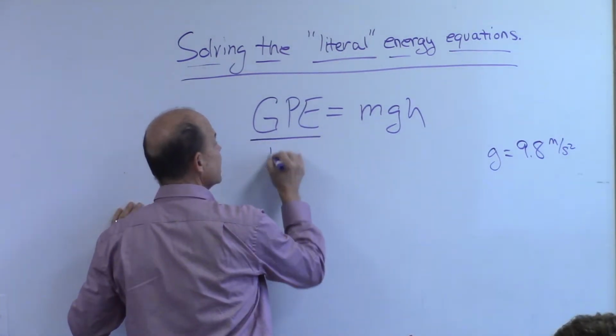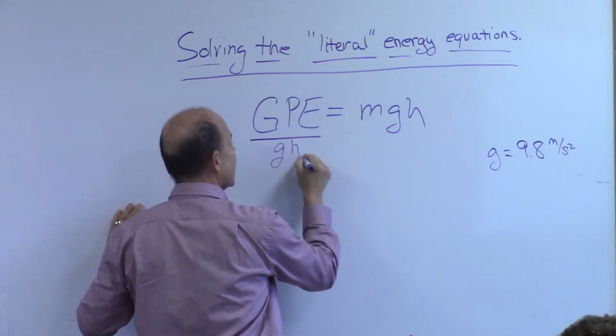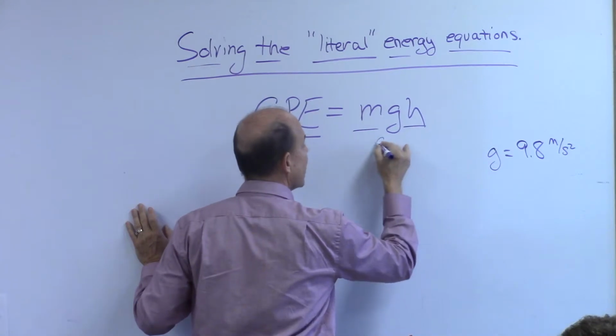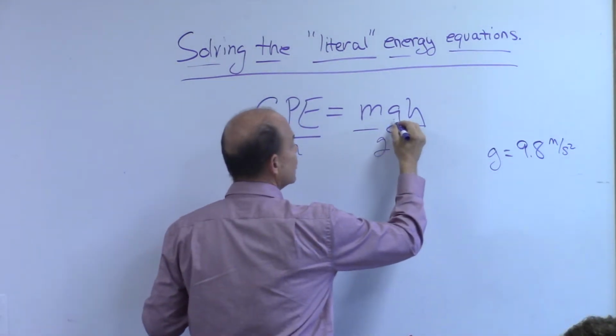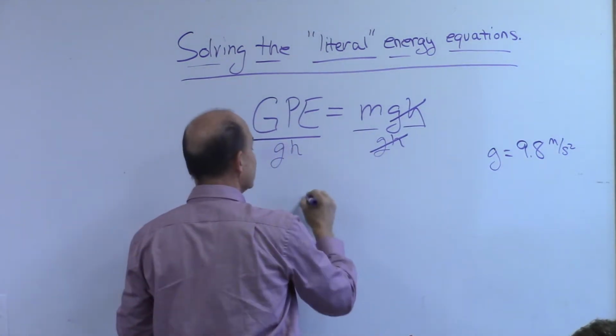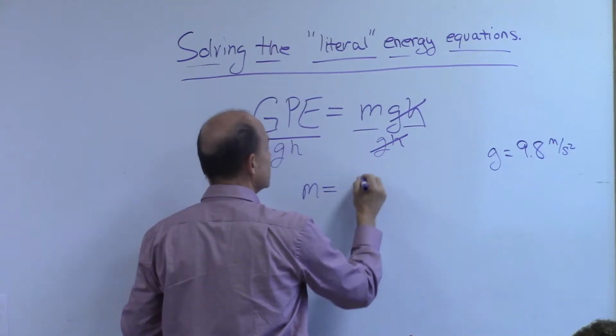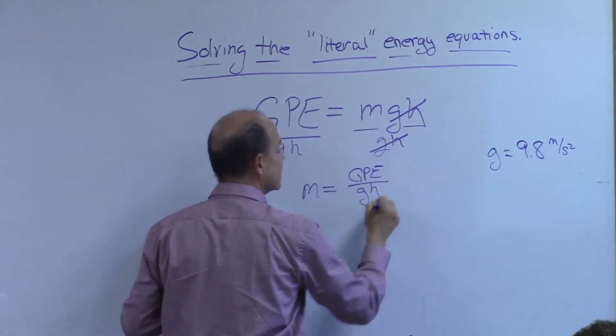We're going to divide this side of the equation by G and H. And we're going to divide this side of the equation by G and H. So if we have G and H in the numerator and G and H in the denominator, we can cancel those out. And lo and behold, we have M is equal to GPE divided by GH.